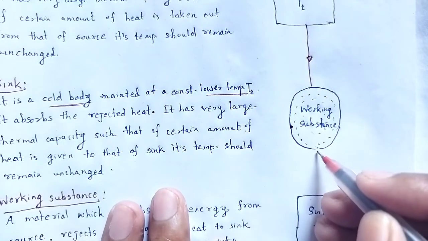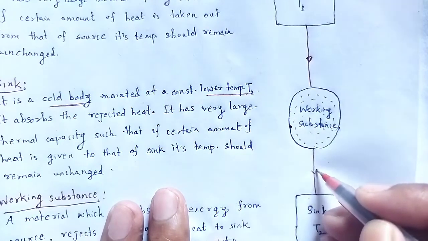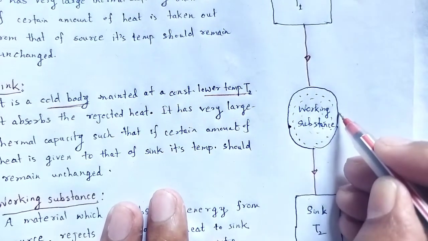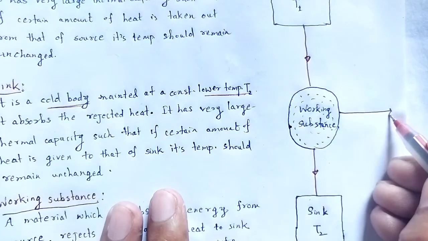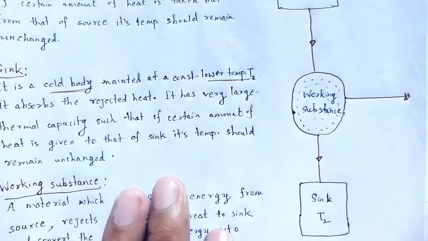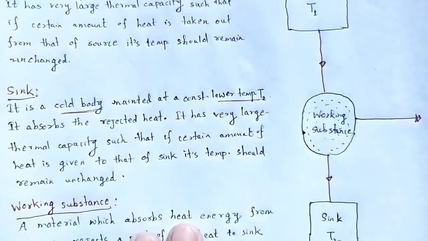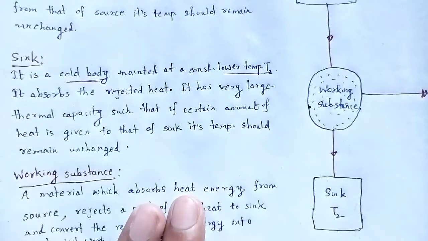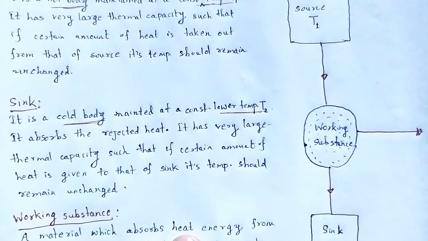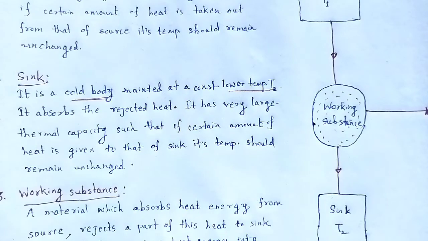How all these work, we have to discuss through the working procedure. So, these are the three different parts of the heat engine: source, sink and working substance.